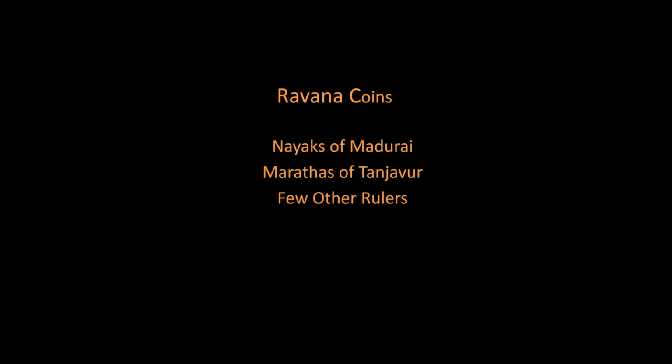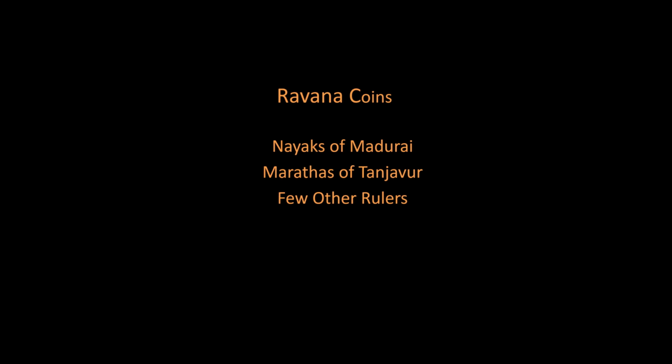And the Marathas, as you know, Chhatrapati Shivaji did come to Tanjavur briefly, but then most important is his younger brother or half brother, Venkaji. He established the Maratha kingdom in Tanjavur after the decline of the Tanjavur Nayaks, who were helped by the Madurai Nayaks.